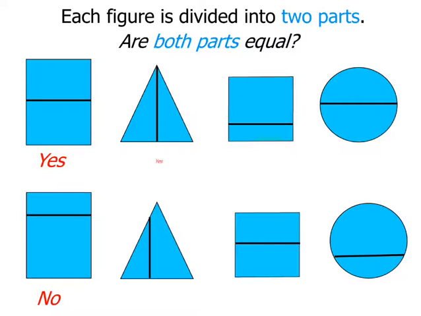Now coming to the third figure, the parts are divided equally, hence both parts are equal. Now coming to the fourth figure, the line dividing the figure is not in the middle, so both parts cannot be equal. Coming to the next, the line is not in the middle, that's why both parts are not equal. Similarly we can solve the rest of the questions also.